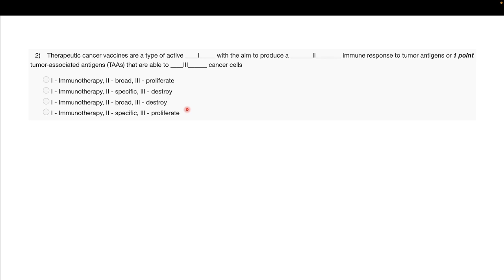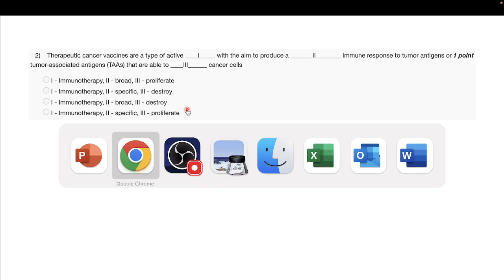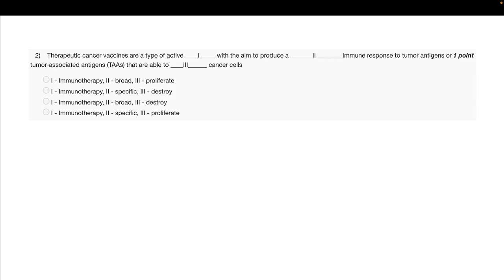Okay, any other? Option 2. Option 2. Okay, so we have 2 responses with option 2 and 1 with option 3.